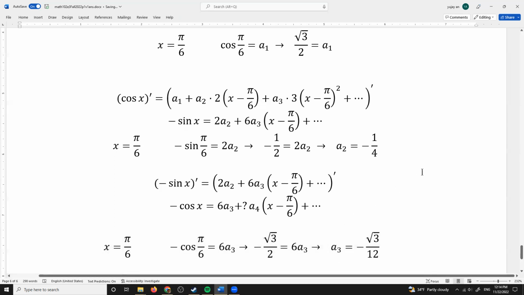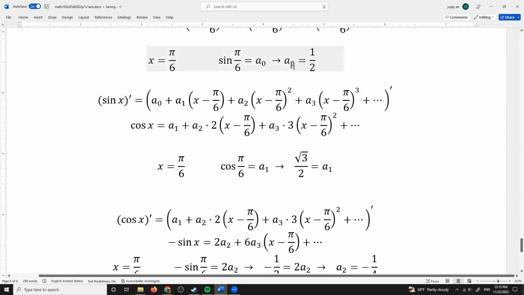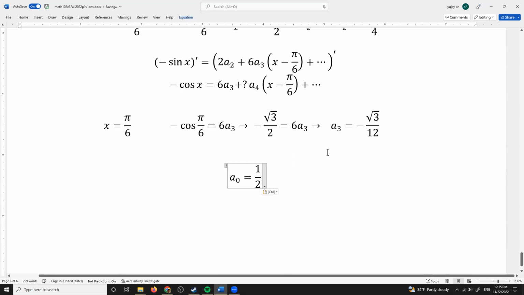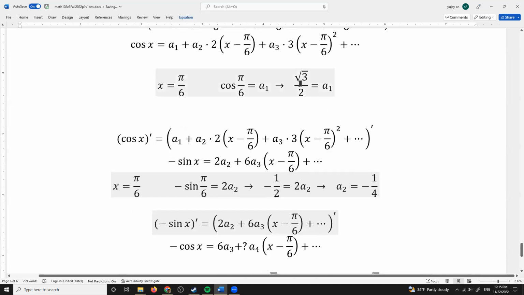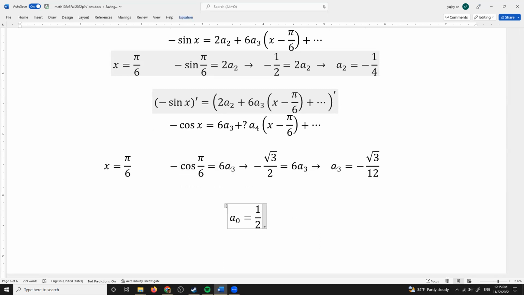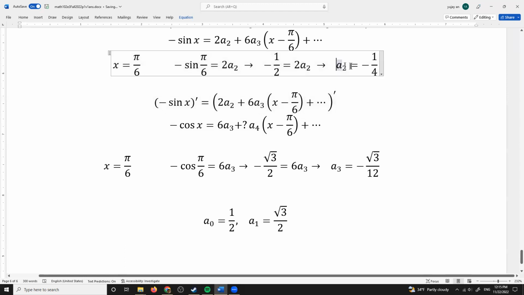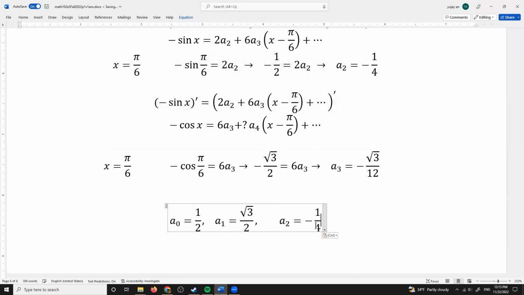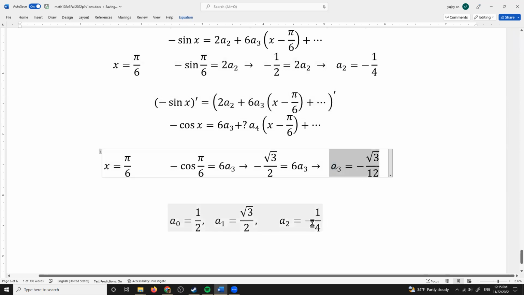Okay, so we got a0, a1, a2, a3. But if you stop there, then you don't get the full credit. You have to write the sum. So that's a1, then a2 is this, a3 is this.